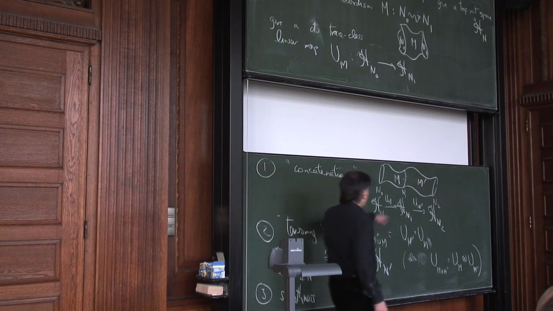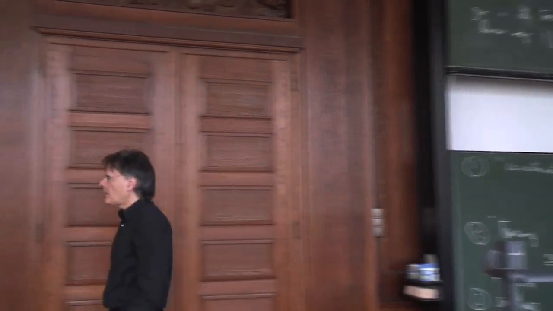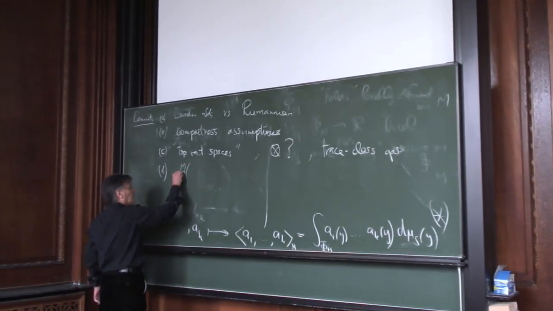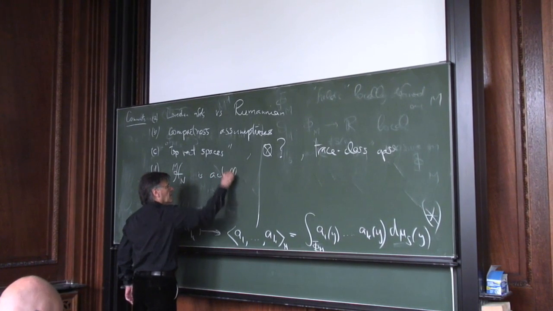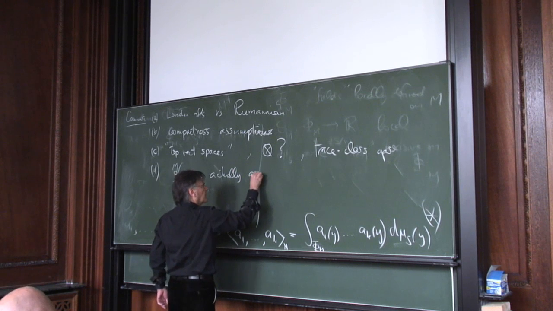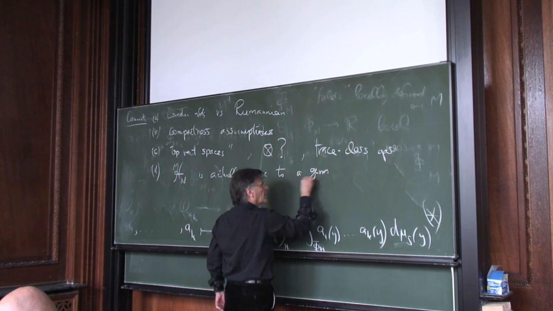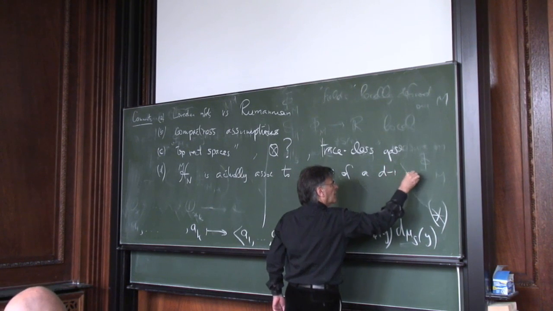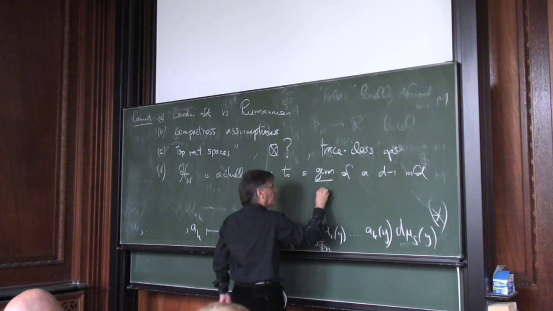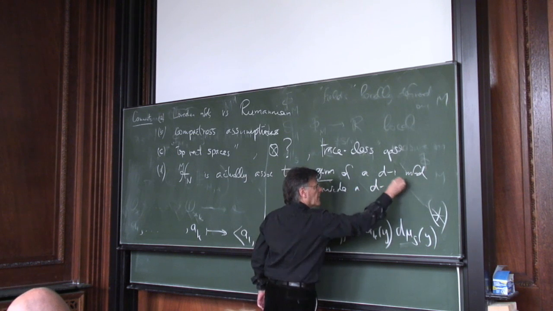So the way around this is to say that this thing that we call HN is actually associated to a germ of a D-1 manifold inside a D manifold.